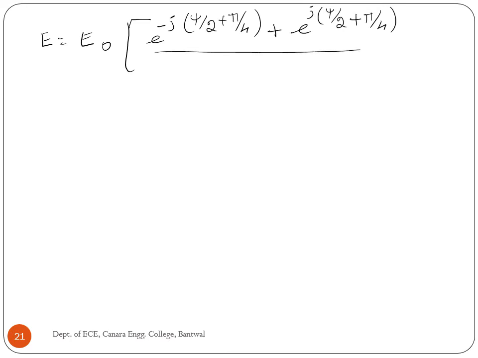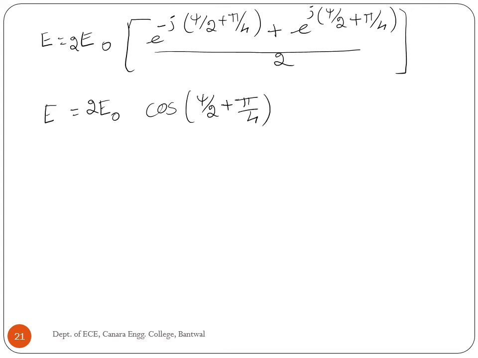E is equal to E naught into e to the power minus j (xi by 2 plus pi by 4) plus e to the power j (xi by 2 plus pi by 4), divided by 2. Therefore, I'll multiply it with 2. So now this is in the form 2 E naught cos (xi by 2 plus pi by 4). This is the total field.